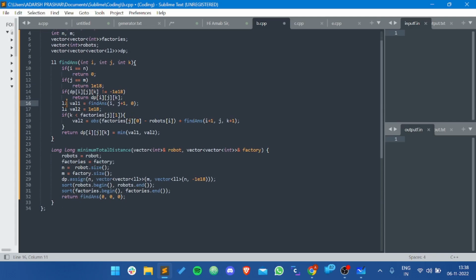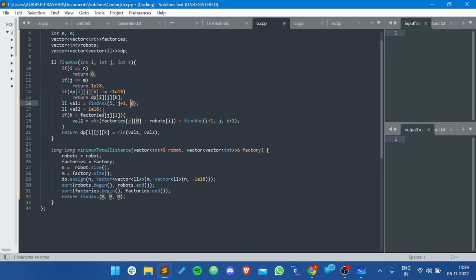This val1 is the case where the current robot is processed by the next factory, or the next to the next, or any factory after that, so it will go to the next factory with k equal to 0.